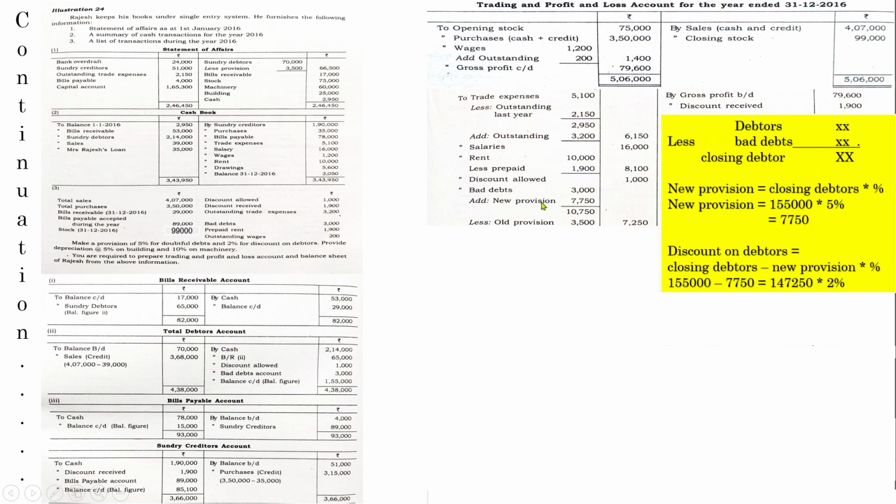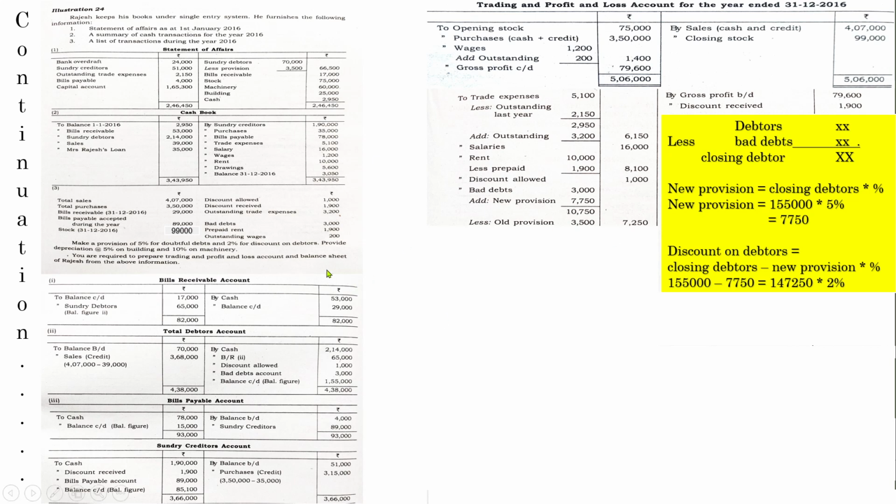See, new provision is always found out, means usually it will be given in percentage. We always found out on the basis of the net debtors, otherwise known as closing debtors. In simple sense, we can say debtors that is remaining after adjusting bad debts, like that, bad debts, discount, like that.